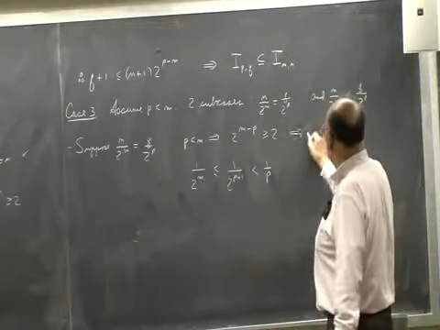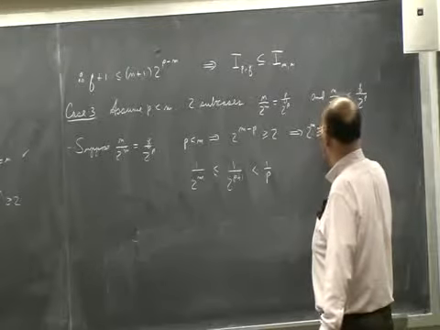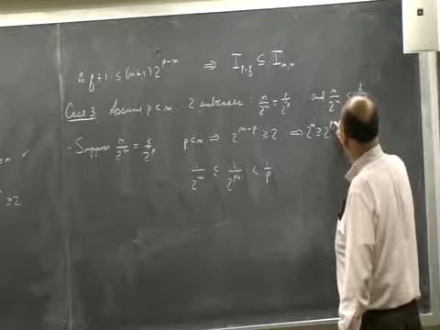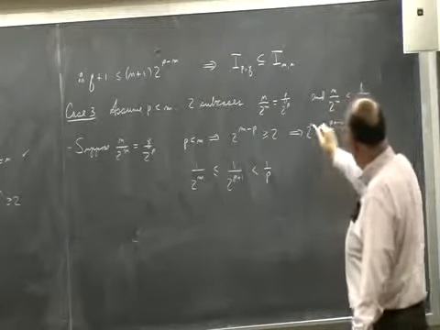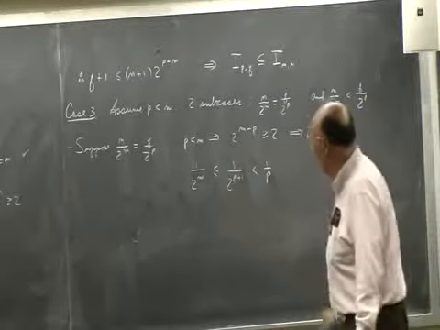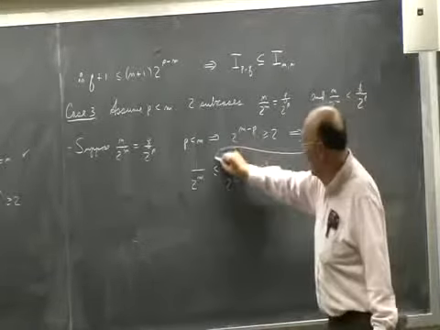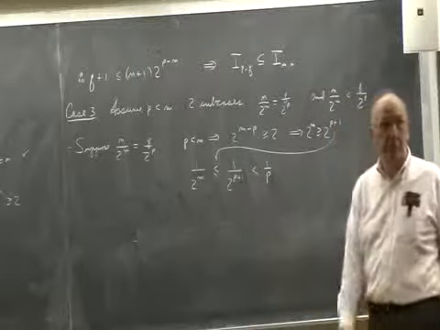So 1 over 2 to the M is less than or equal to 1 over 2 to the P plus 1. And this is automatic.